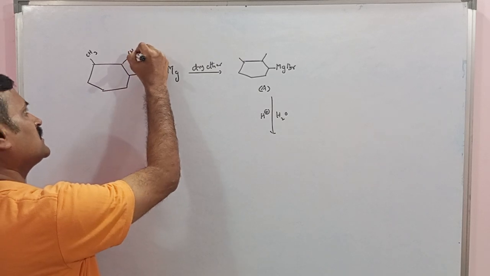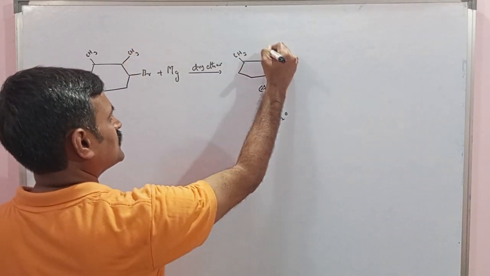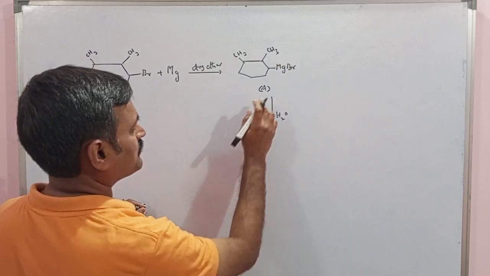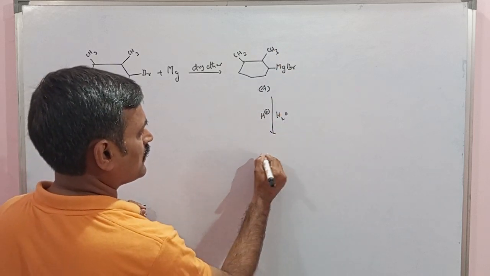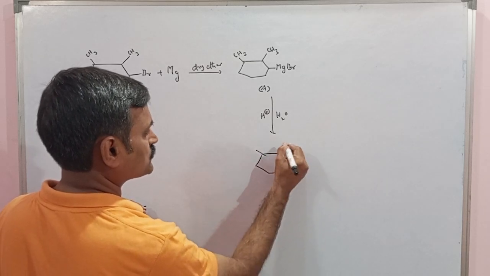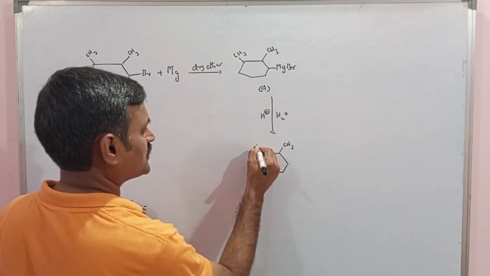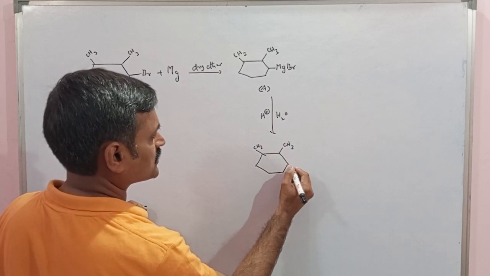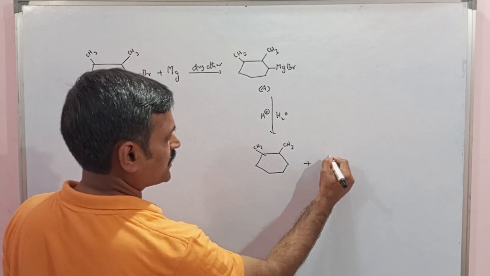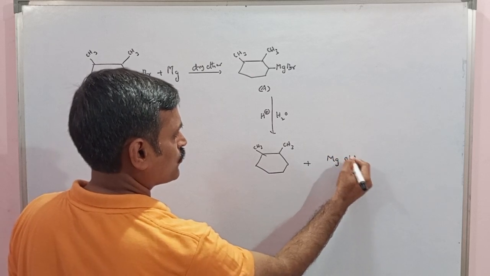This is CH3, this is CH3, this is also CH3, CH3. Then the byproduct will be MgOHBr and the final product will be a hydrocarbon. So this is CH3, CH3, this is hydrogen. Class, the byproduct is MgOHBr.